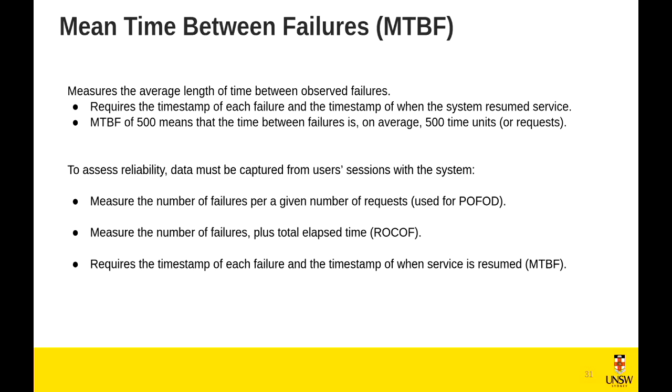So this is to simulate how the users would use the system. Then we can run the tests, observe and calculate all these metrics, and use these metrics to estimate the reliability of the system. And if the reliability reaches a certain level, then we can stop testing and release the software.